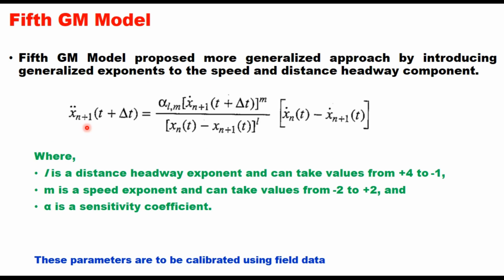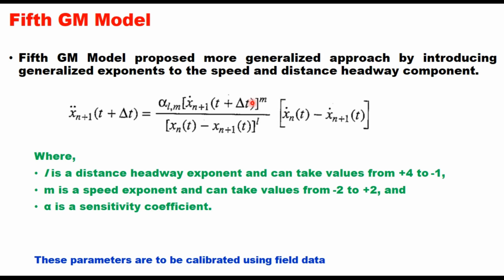That is, the acceleration at time t plus delta t is given by alpha into the speed of the following vehicle to the power m, divided by the difference in the position of the two vehicles to the power L. Now, these two exponents are L and M. L here is called the distance headway exponent, and it can take values from plus 4 to minus 1.